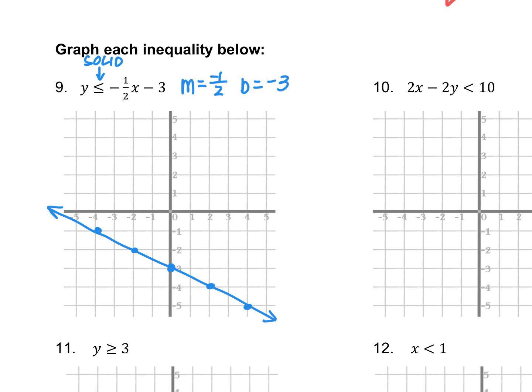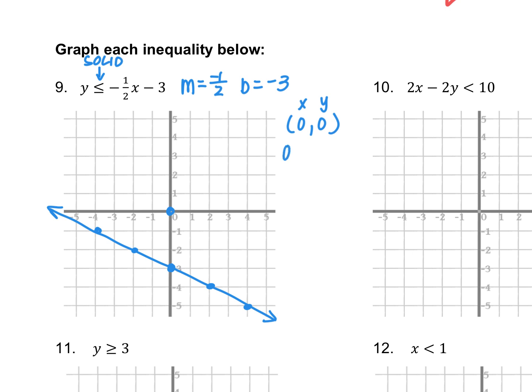And now, do you guys remember how we decide? Plug in 0. Good. So we pick any point that's not on the line. I always pick 0, 0 because it's the easiest one to remember. You're going to plug that in for x and y in your equation.